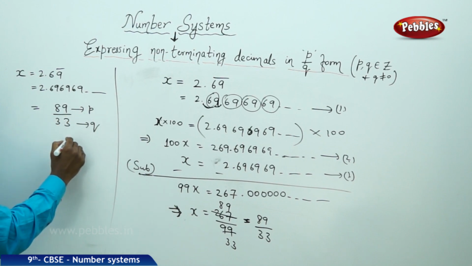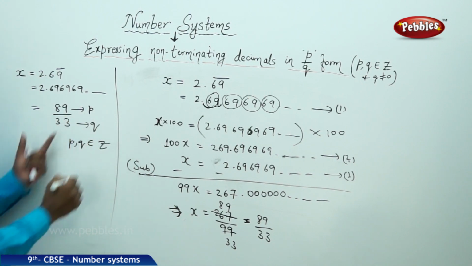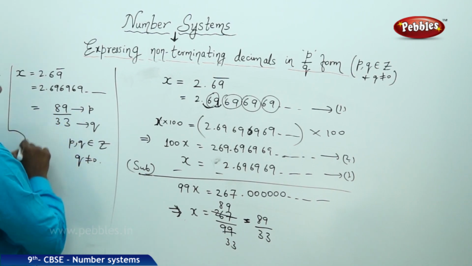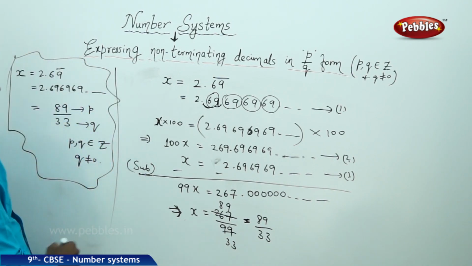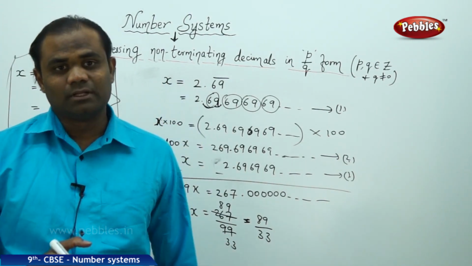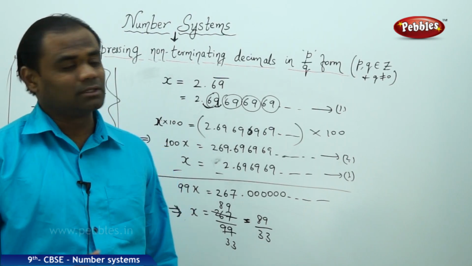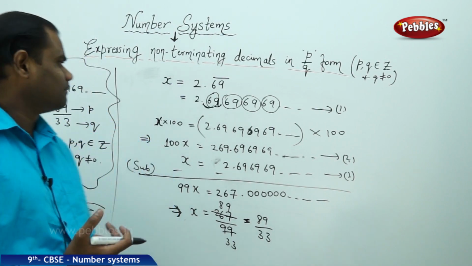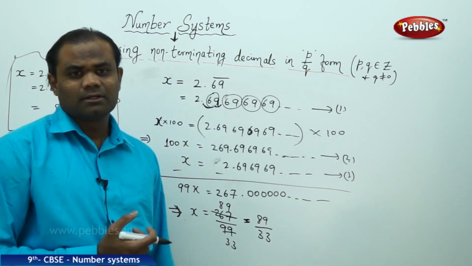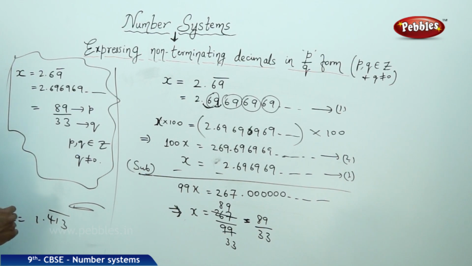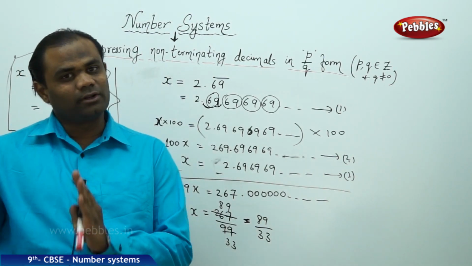P and Q both belonging to integers and Q not equal to 0 is how I understand the connection of the non-terminating decimal, which is possible to be converted to P by Q form. Similarly, if I have a 3-digit repeating number, say for example I have x equals 1.413 bar, then I have the 3 digits which repeat on and on.